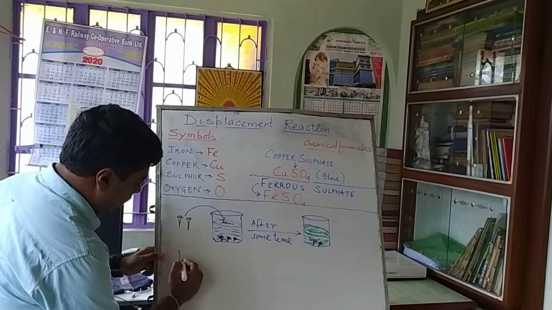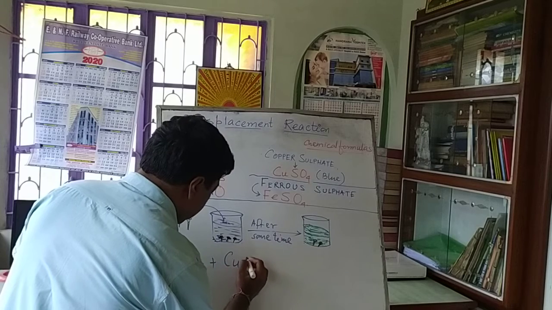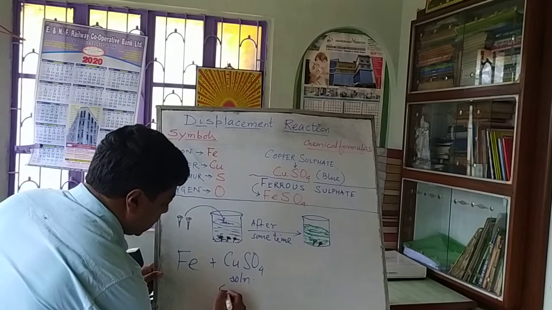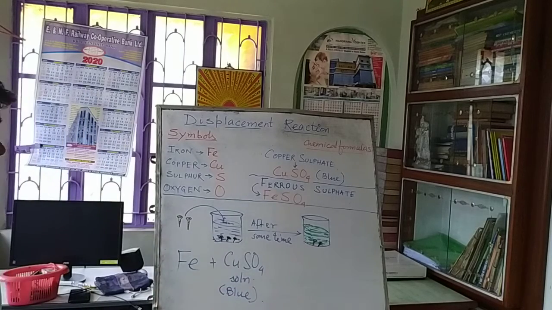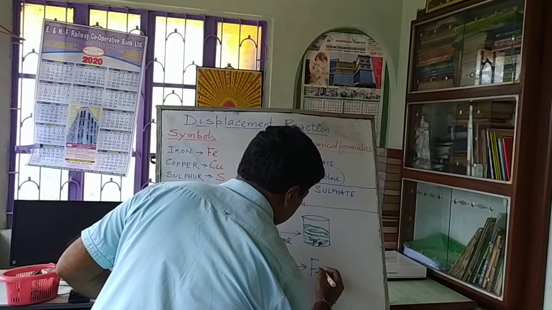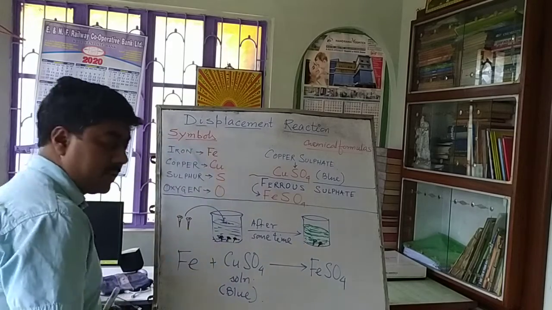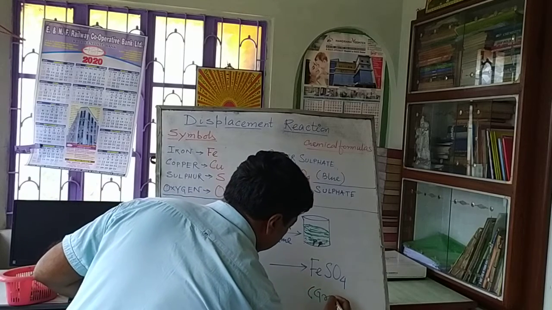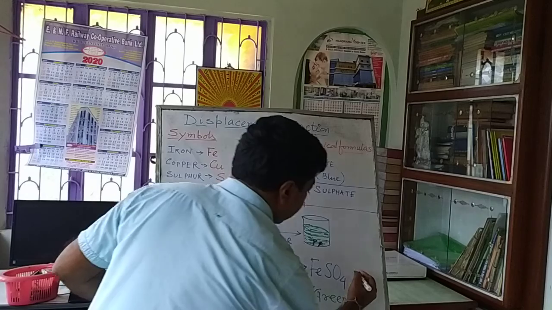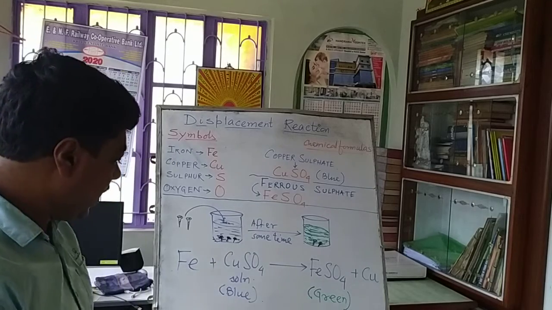Iron, obviously the symbol you know, Fe, when it reacts with copper sulfate solution, which is blue in color, will turn into ferrous sulfate solution, which is green in color, and separately copper will be out.